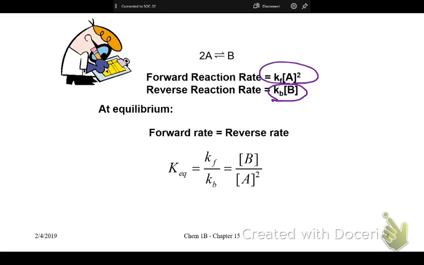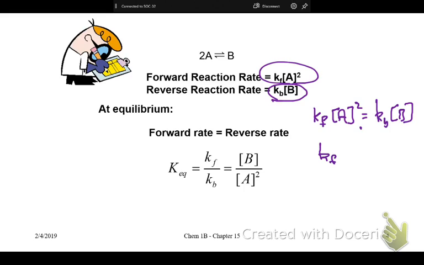So I could say K forward times A squared, oops, sorry, let me do it like this, equals K_B times B. And I rearrange that, and I'm going to solve for my constants.